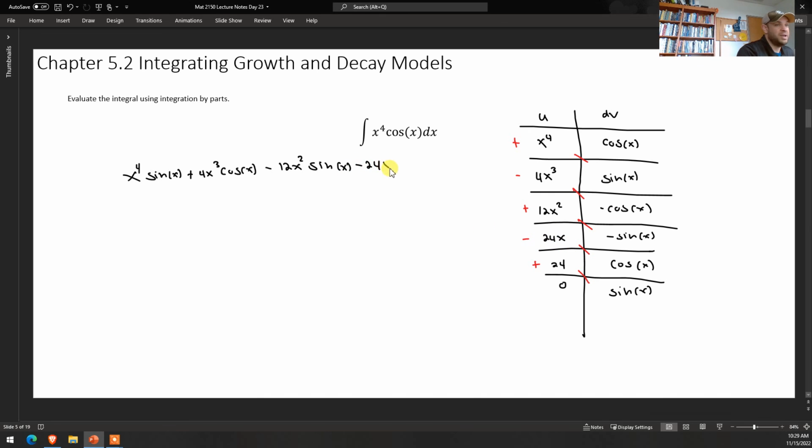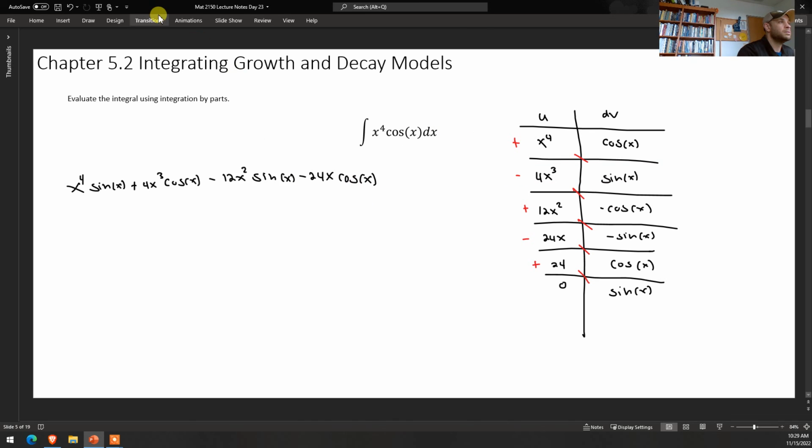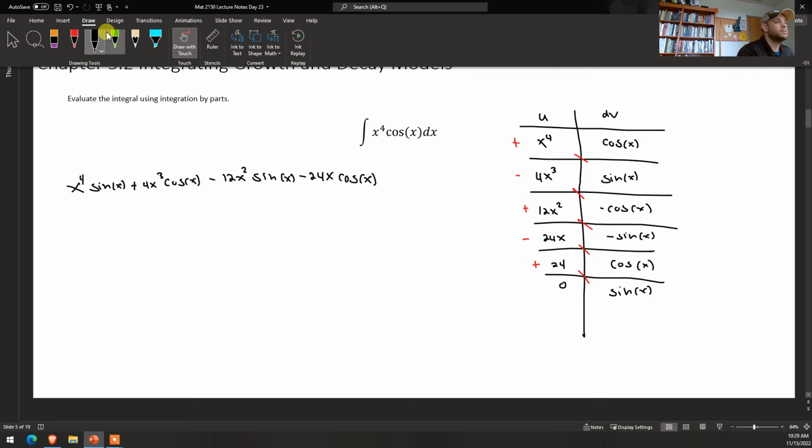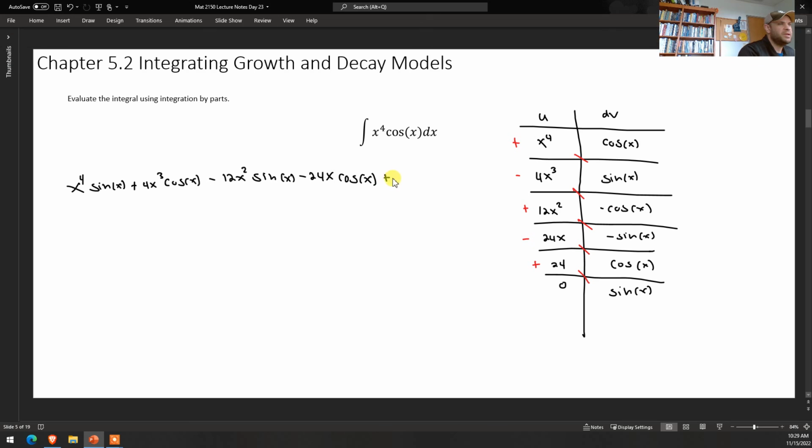Minus 24x cosine x. And plus 24 sine x, plus our arbitrary constant c.